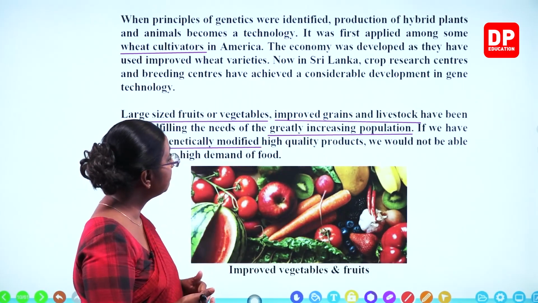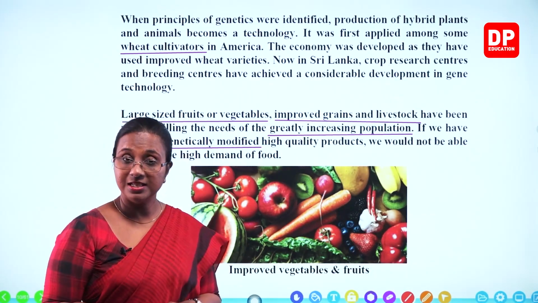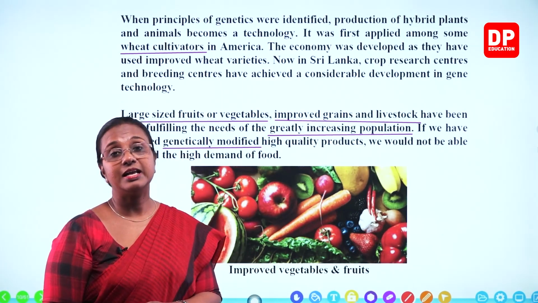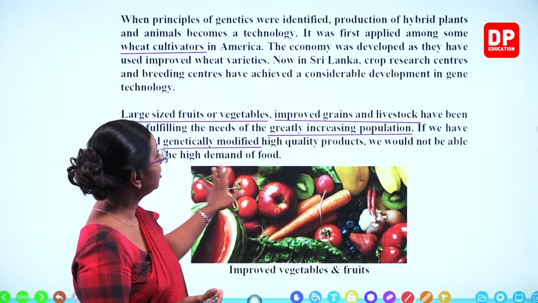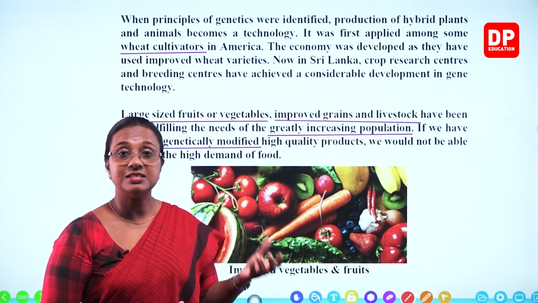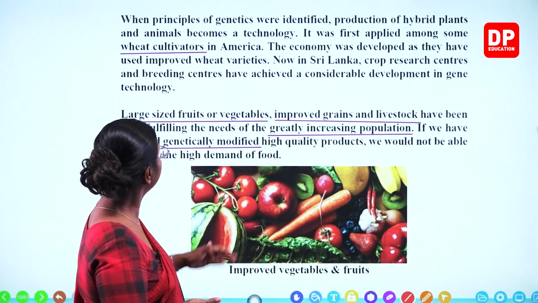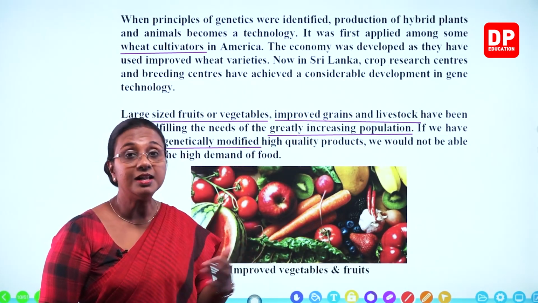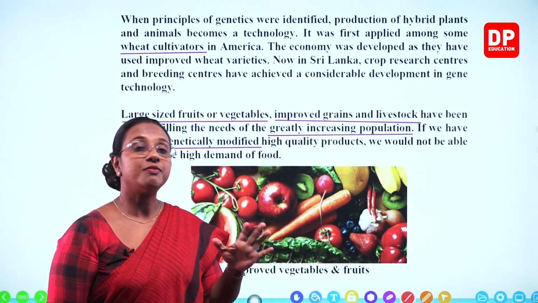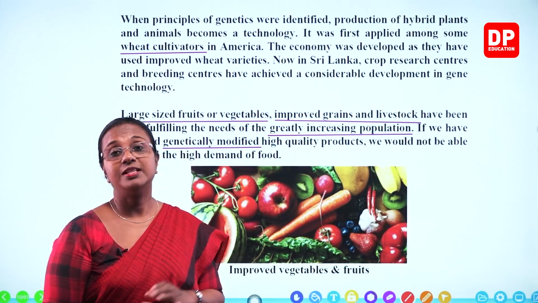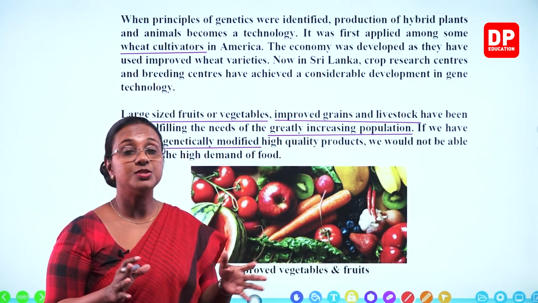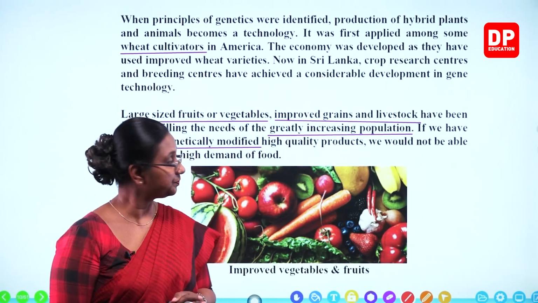That is the high demand. Because the population has increased, there is a high demand. We will not be able to meet that high demand if we did not use inheritance genetics to produce genetically modified crops and livestock. Both of them help to satisfy the requirement of a growing population. That is what you need to remember.